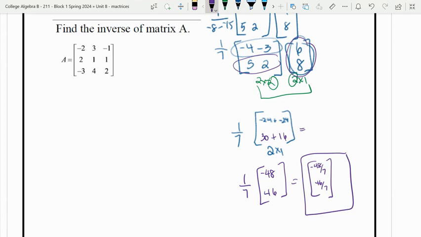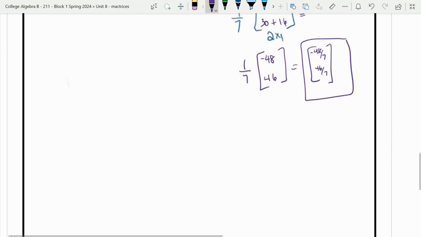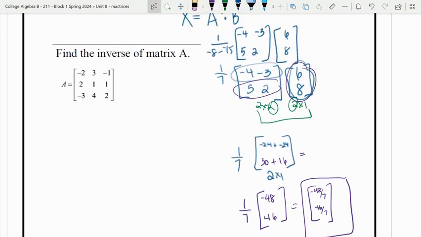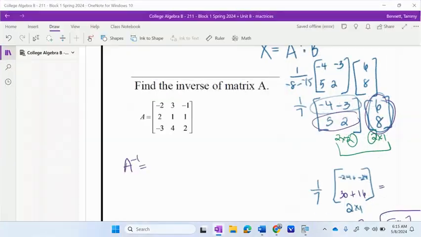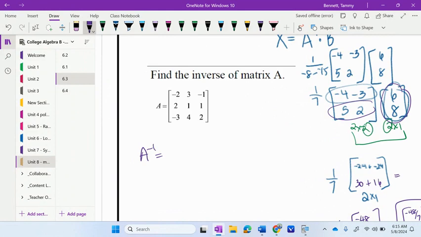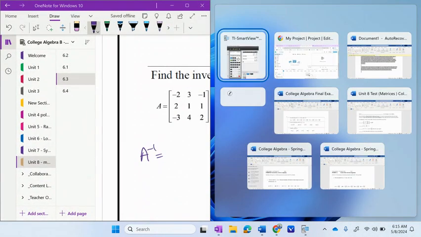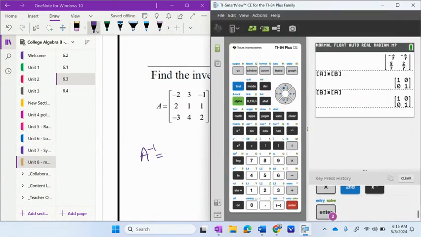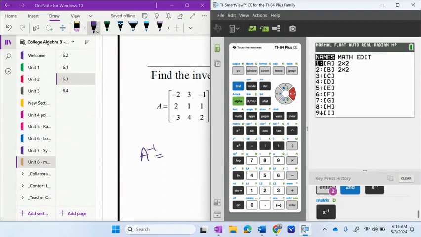We can use this for 3 by 3 systems too. Now let's find the inverse of this. Let's put it in the graphing calculator, so bring that up. So bring up your matrix, go over to edit.